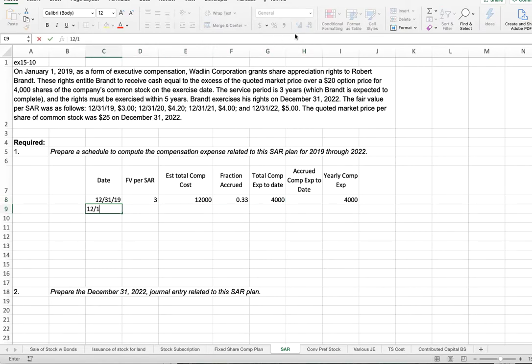Now we'll look at 12/31/2020. We have a fair value of 4.20. And so same thing, 4.20 times the 4,000 shares gives us 16,800. This time we're 2/3.